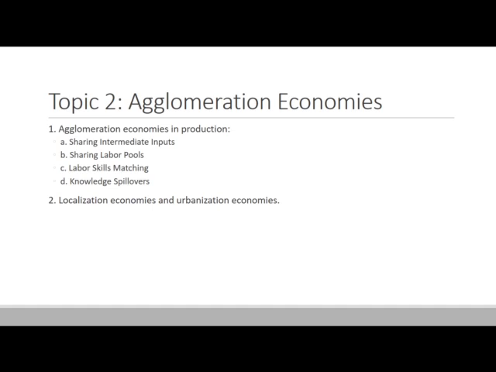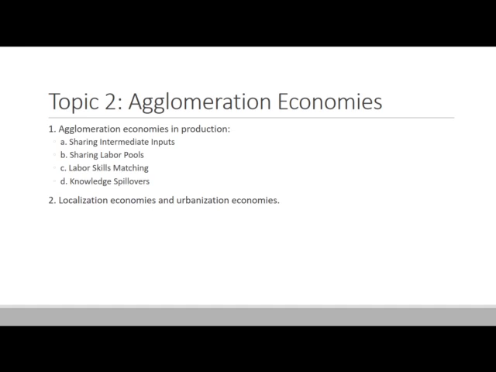And finally, you have knowledge spillover, also similar to the innovation city part, right? When you have more smart people together, when they talk to each other, it's easier for them to get innovation in production.